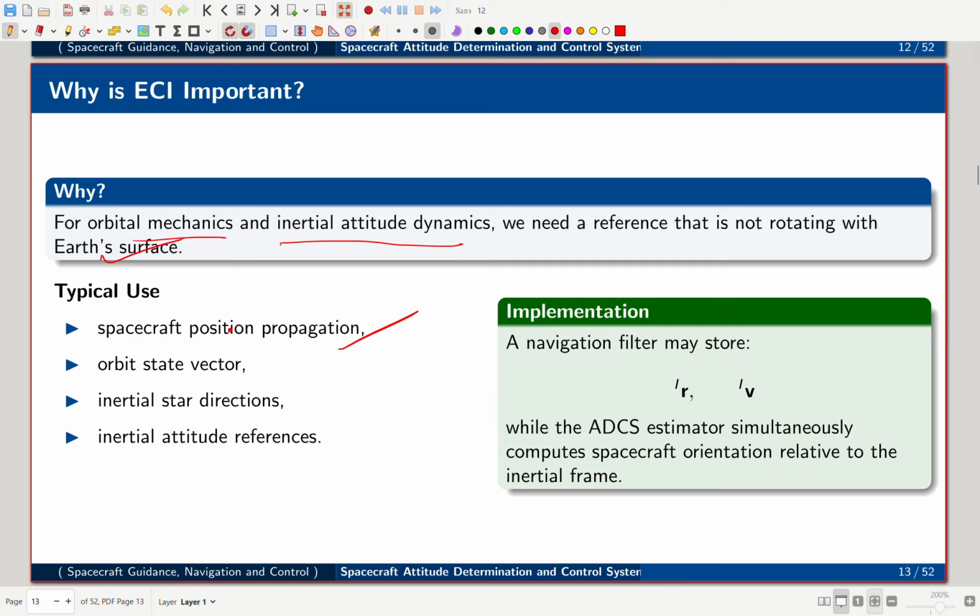Typically used for spacecraft position propagation, orbit state vector, inertial star directions, and inertial attitude references. For implementation, let us say a navigation filter may store, we want to store, LR and LB. While the ADCS estimator simultaneously computes spacecraft orientation relative to the inertial frame.